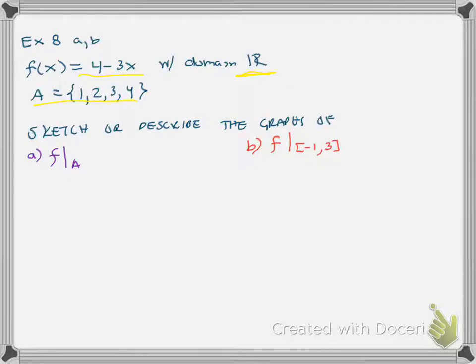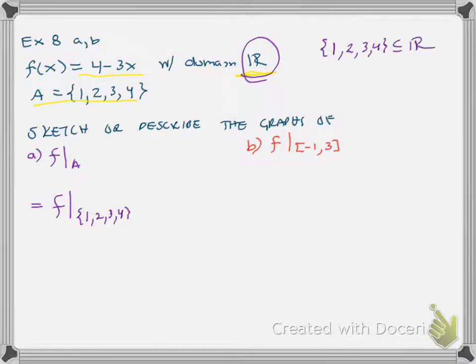So you can either sketch or describe in words. Well, let's think about this. This is the same as F restricted to the set 1, 2, 3, 4. So what that tells us is that although our domain is the reals, when you restrict it, it becomes a subset, which it is, right? The set containing 1, 2, 3, 4 is a subset of the reals.